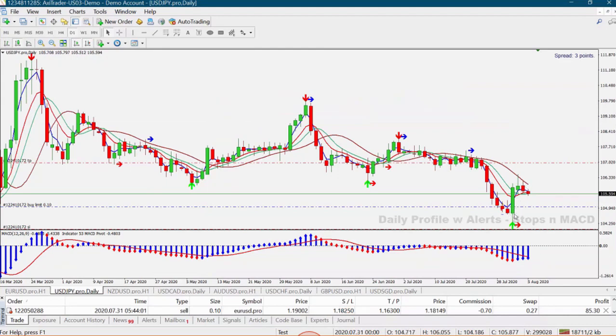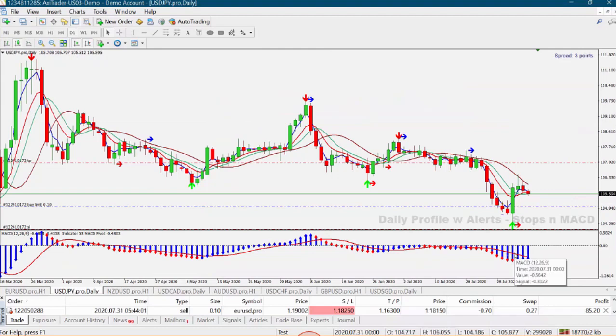This is a 1, 2, 3 reversal. 1, 2, 3. The number 1 close is definitely above the high of the number 3 candle here. You can see that. So this tells me that price wants to go up.